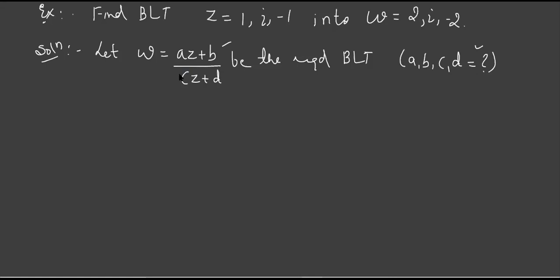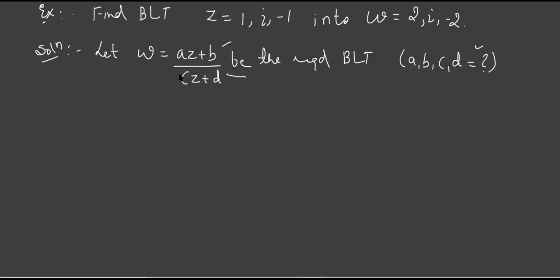Are you getting it? It is just like if you want to find the equation of a circle with some conditions given, we take the general format as the required equation, then simplify and get f, g, and c. If you recall your circle problems, similarly here in bilinear we need to find what a, b, c, d are. Once you get them, substitute back, and that is the required bilinear transformation.